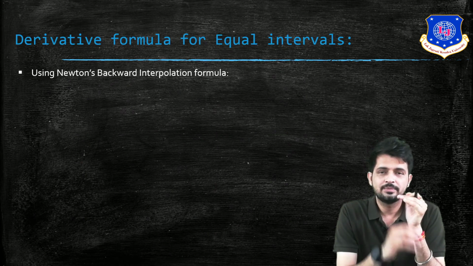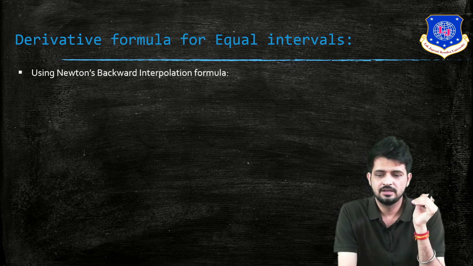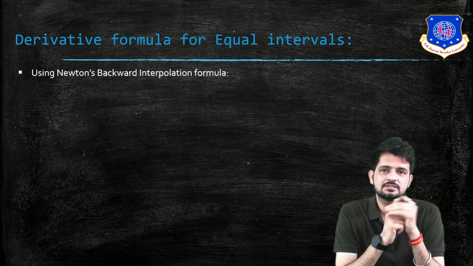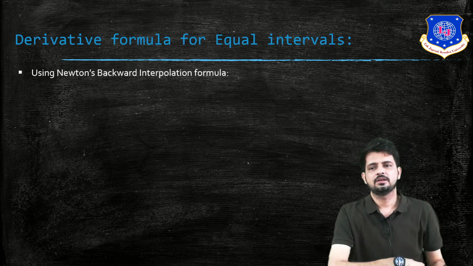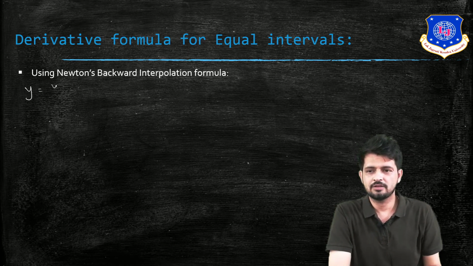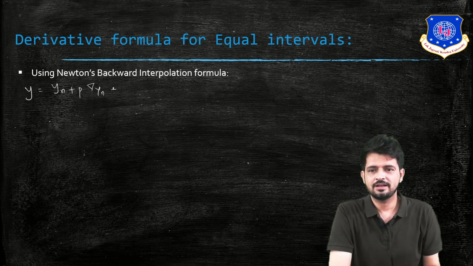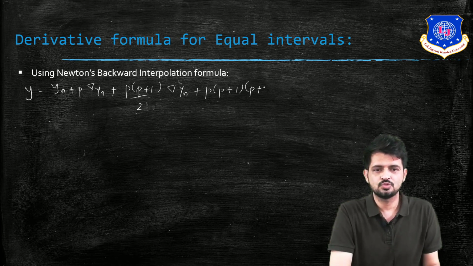Okay. Similarly, you can also derive the same formula for Newton's backward interpolation. But what will be the difference? Instead of y0, we have to use yn. Okay. So first of all, let us write the formula for Newton's backward: yn plus p nabla yn plus p into (p plus 1) upon 2 factorial nabla square yn, p into (p plus 1) into (p plus 2) and so on.